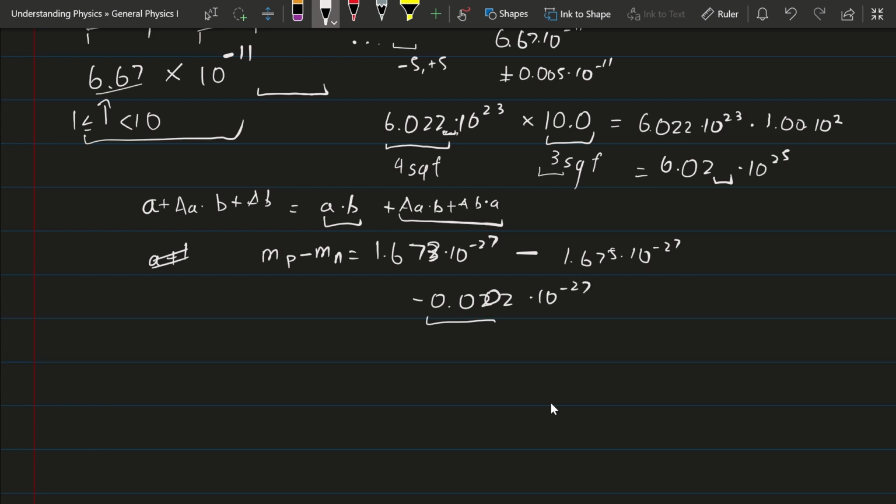And this is how you use significant digits in addition or subtraction. You just need to focus on the final parts. For example, here you have 3 decimal places. That means that the result should have 3 decimal places. Or you could transform this into 2 times 10 to the power of negative 30 kilograms. And so the loss of significant digits in subtraction is much greater compared to if you actually add things up.